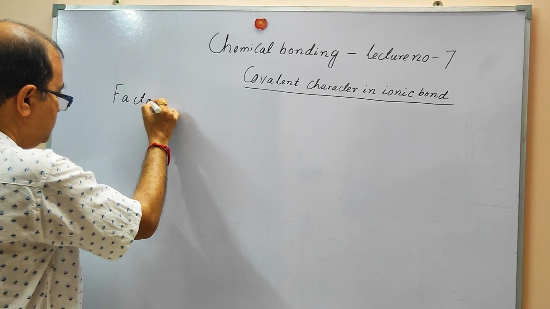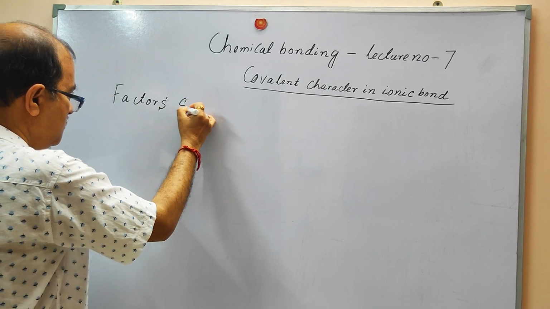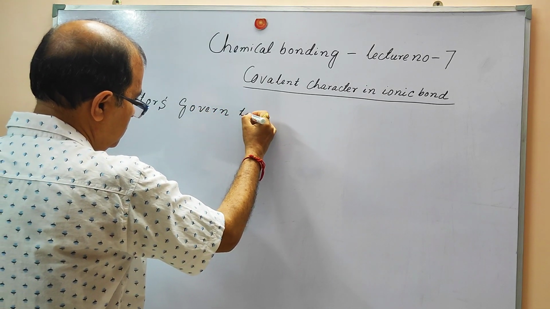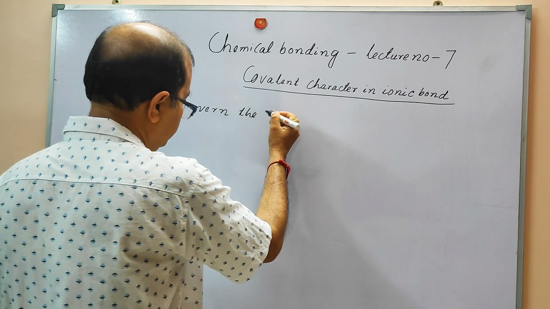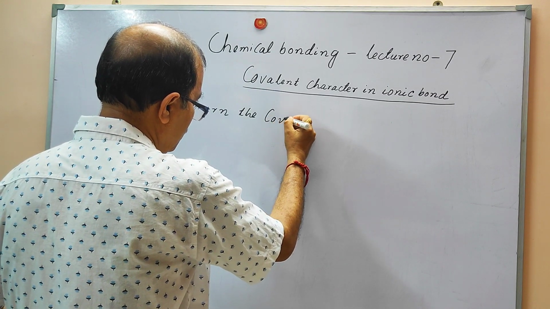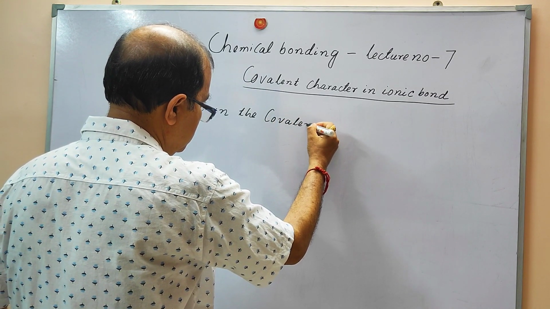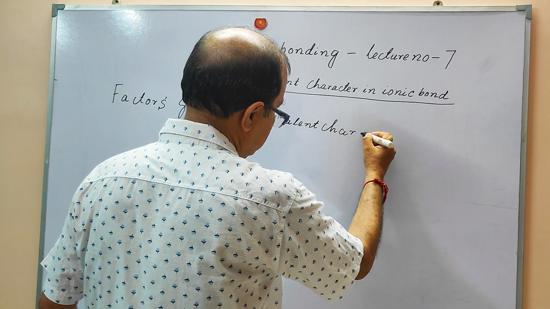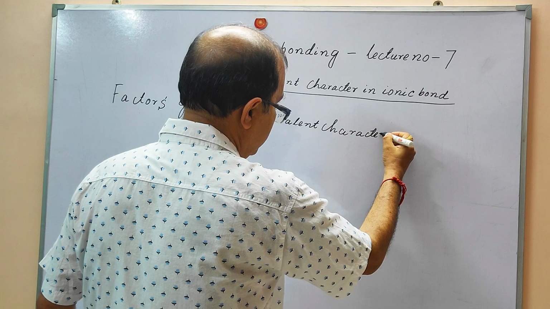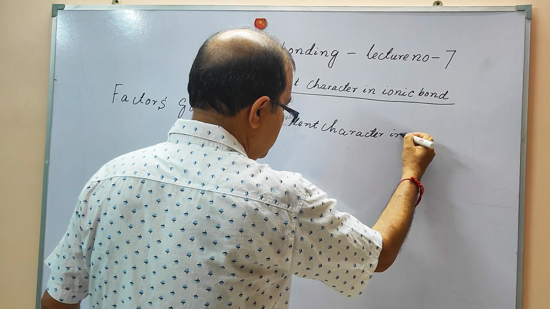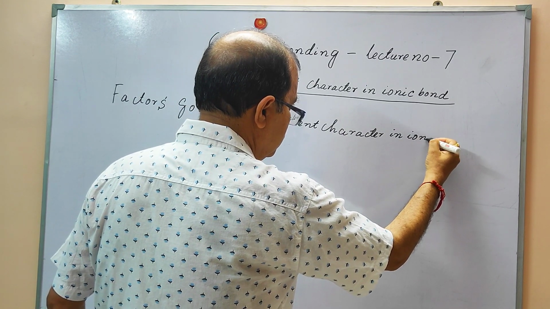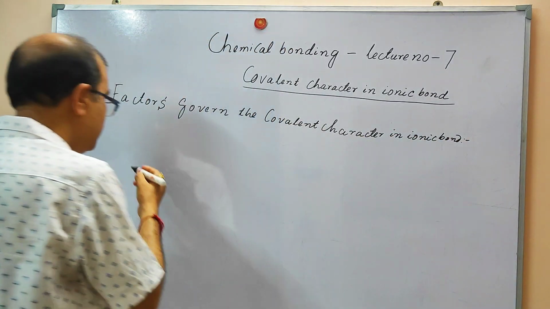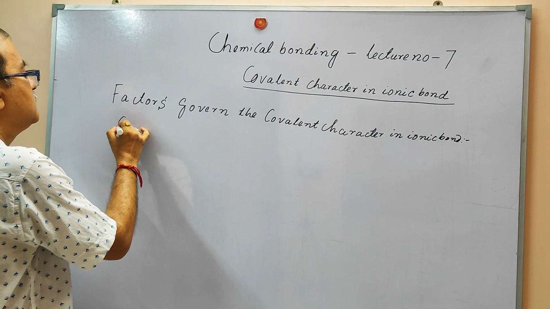The factors that govern the covalent character in an ionic bond: there are basically 2-3 factors.